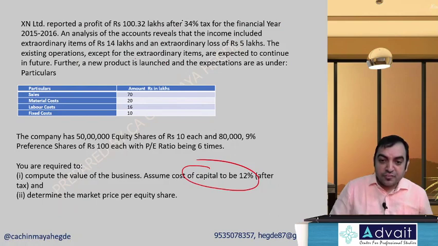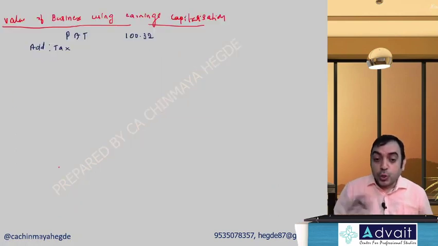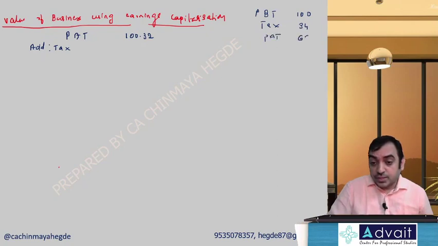Tax rate, they said 34%. Now please don't do 34% on 100.32. This is after tax. So if I take profit before tax as 100, tax is 34, and profit after tax becomes 66. So 66 represents 100.32. 34 means how much? Cross multiply. 100.32 is representing 66.